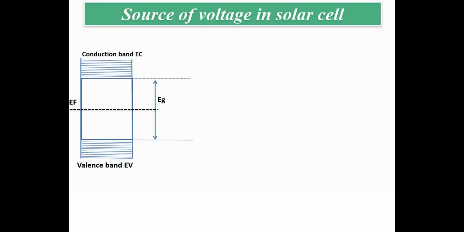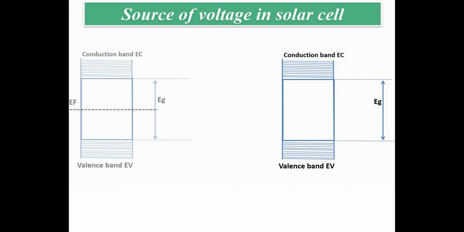Now for this semiconductor, let us see the behavior under illumination. What is going to happen? As photons are absorbed, the density of states in the conduction band and valence band will be filled because of the generation of electron-hole pairs.